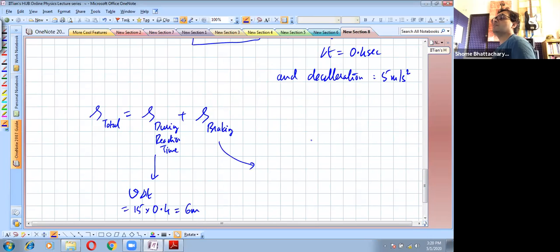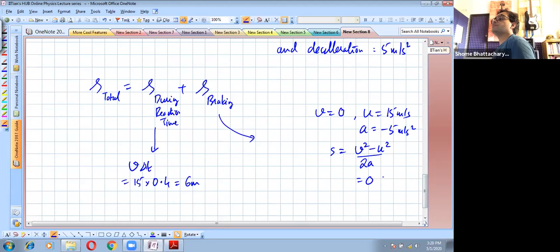And for the second part, the final velocity is 0, the initial velocity is 15 meters per second, and the deceleration with the minus sign is minus 5 meters per second squared. So the displacement will be v square minus u square by 2a. Final v is 0, initial u is 15, and the acceleration is minus 5.